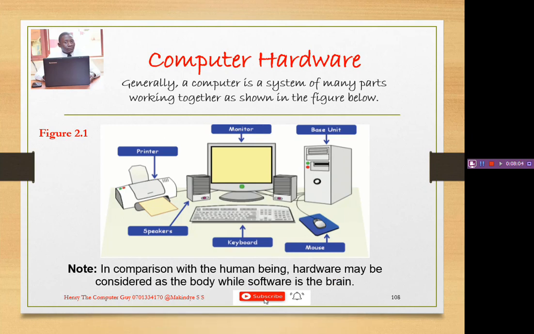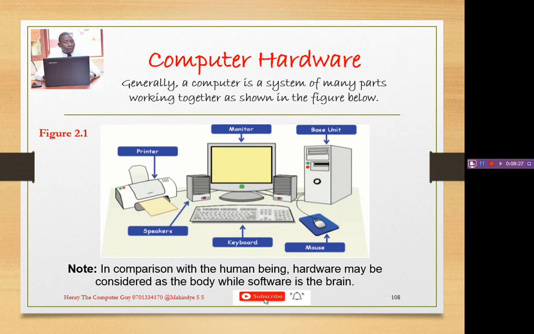They are giving us a note down here. In comparison with the human being, hardware may be considered as the body, while software is the brain. So the body that we are having is tangible, so we can refer to that as the computer hardware.